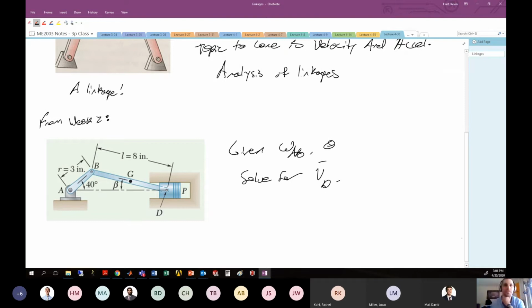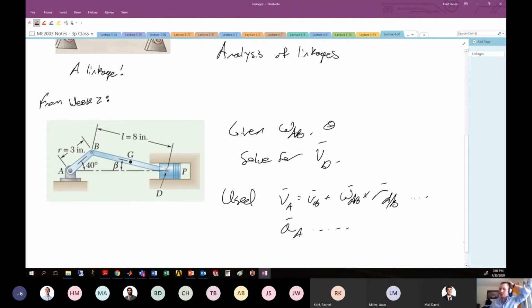You did this analysis with traditional kinematics, right? You used, or we together used, things like the velocity at A is the velocity at B plus omega AB cross the position vector which locates A from B, and same thing for the acceleration. You had those kinematic equations, right? You generally use those kinematic relationships.